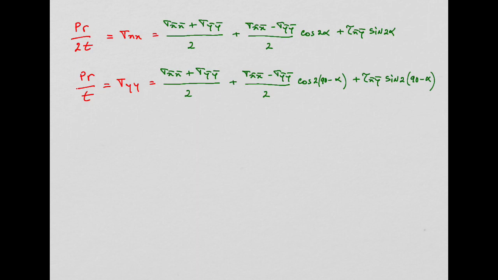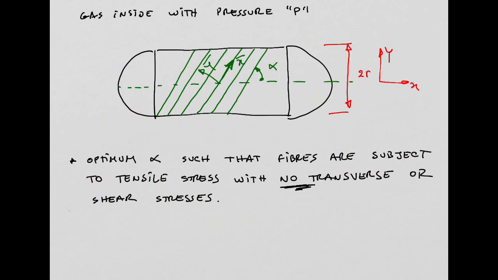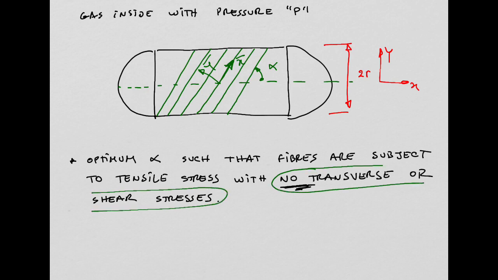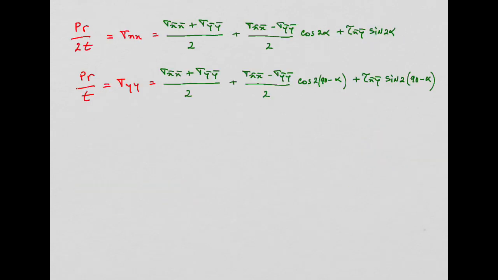The reason I'm putting it this way is that there should be no transverse or shear stress in the laminar coordinate system. I don't want this lamina to be carrying any stress in the direction perpendicular to the fibers. So in these equations, sigma y bar equals 0 and tau x bar y bar equals 0.